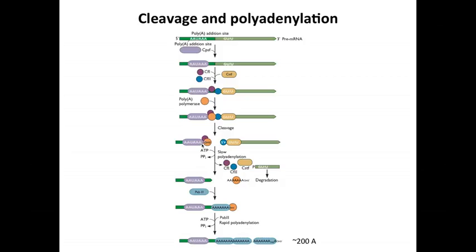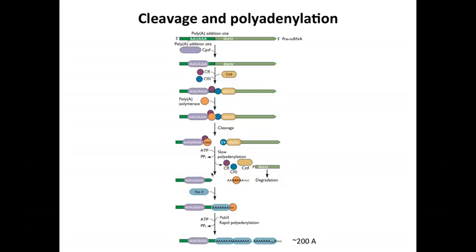Now we have a 3' hydroxyl, and poly-A is slowly added to that by poly-A polymerase, this orange sphere. Here is the poly-A being added. Unfortunately, this poly-A sequence has become detached from the 3' end of the mRNA. It should not be floating off in space like that. That's an error that I've just picked up in the figure in the book.